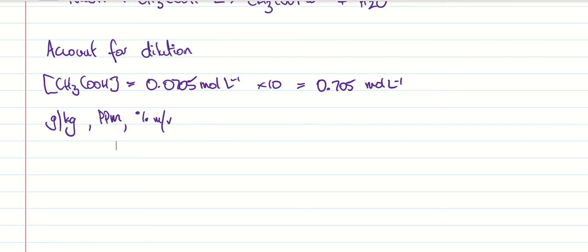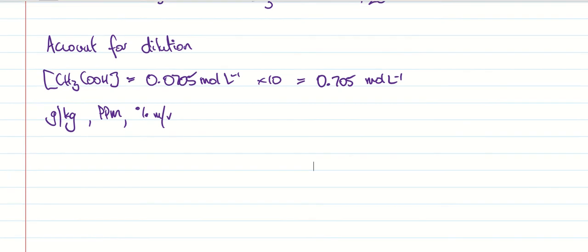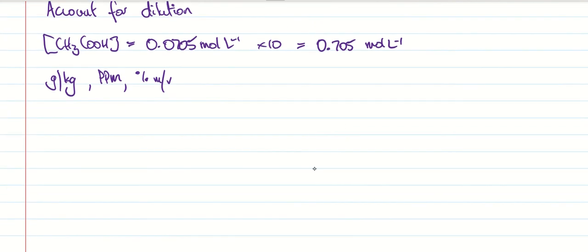So when we express it in mass over volume, we just need to remember that percent mass over volume is the same as saying the mass of CH3COOH over the volume of solution.